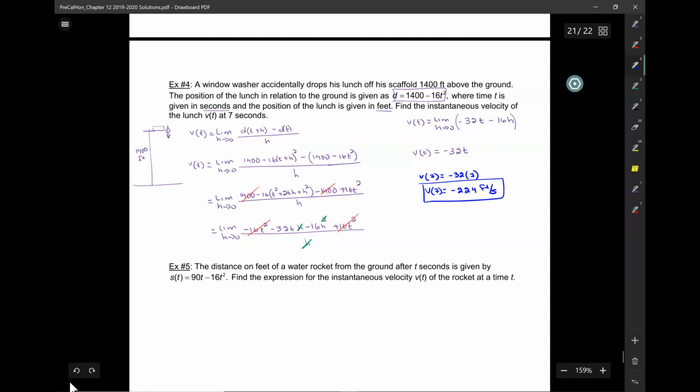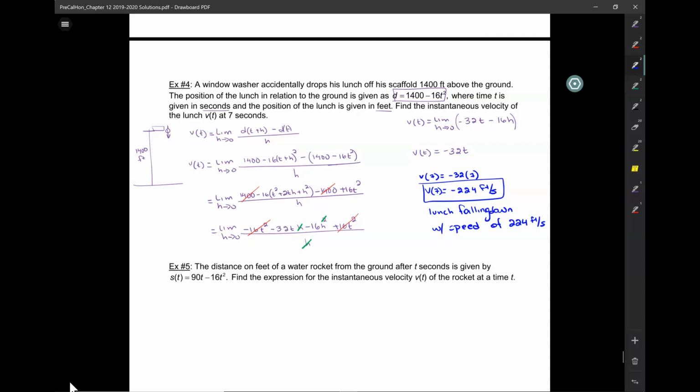All right, and so what does that mean? The lunch has a velocity of negative 224 feet per second, which means it's falling down with a speed of positive 224 feet per second. That's important. Once you say falling down, you've specified the direction, so you don't need the negative anymore.